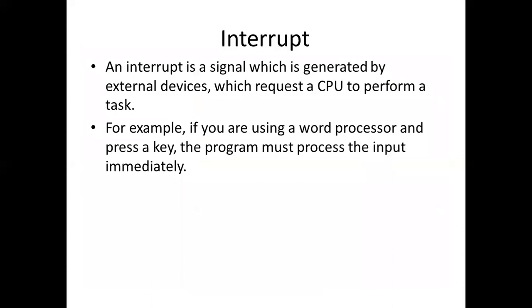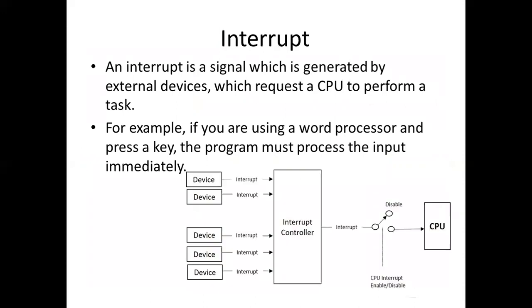Then that brings us to interrupts. These are signals generated by an external device, which requires the CPU to perform a task. An example given here: suppose the CPU is busy working right now.